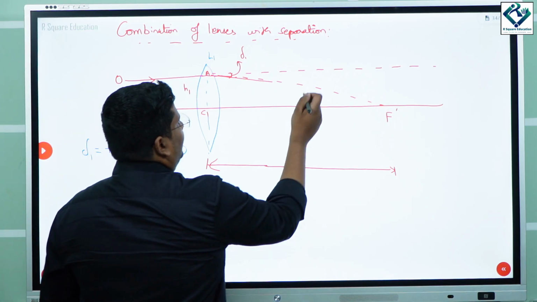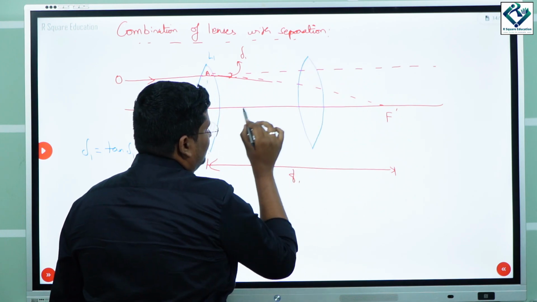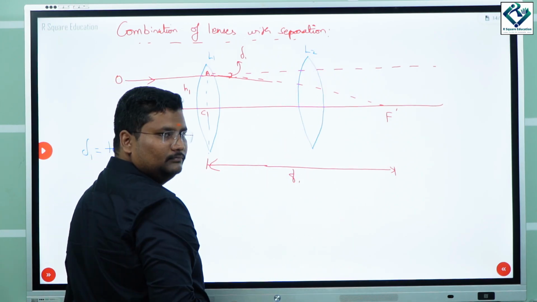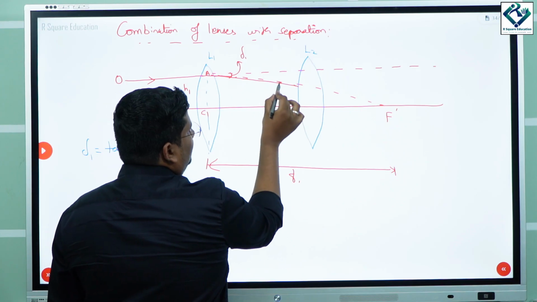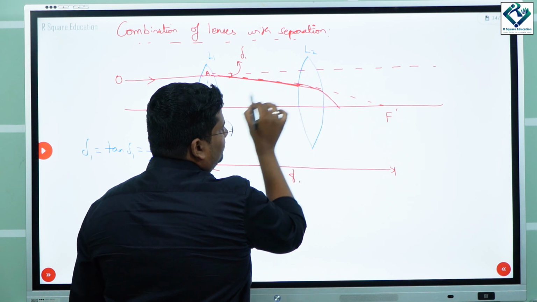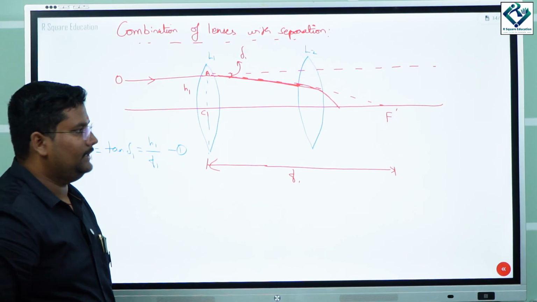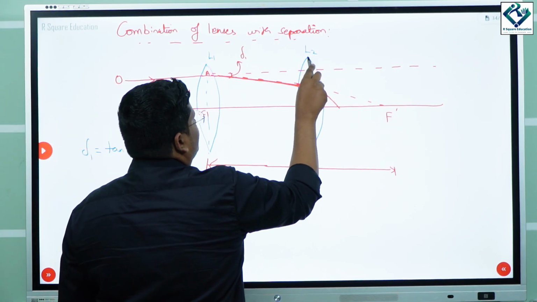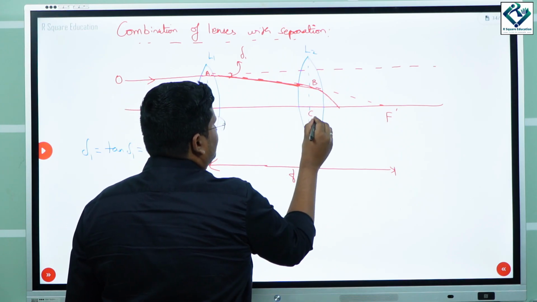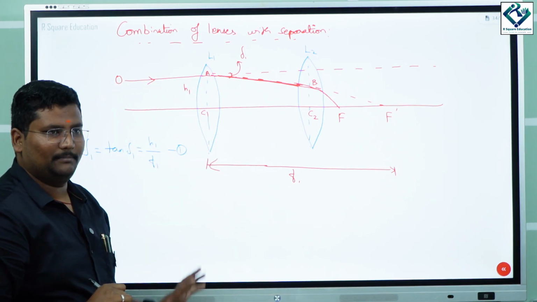Suppose I am placing another lens somewhere here, okay, let it be L2. So what will happen? இது வரைக்கும் அது ஸ்ட்ரைட்டா வந்திருக்கும், இங்க வந்தோடனே மறுபடியும் டிவேட் ஆயிட்டு இருக்குமா? Yes, converging, right? Okay, so let me take this as position B, let this be C2, and let this be F, where the final image is being formed.